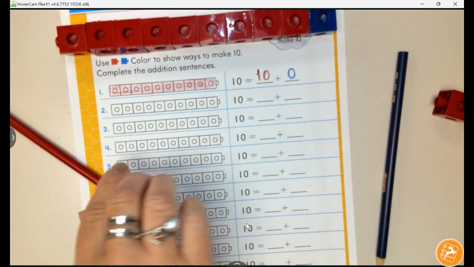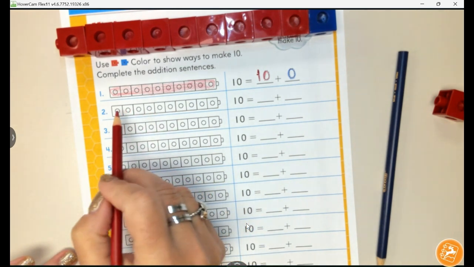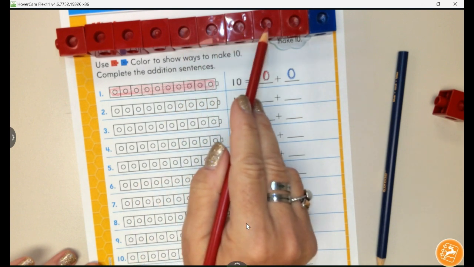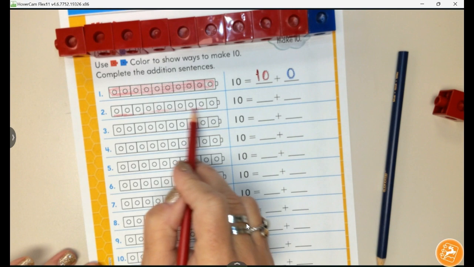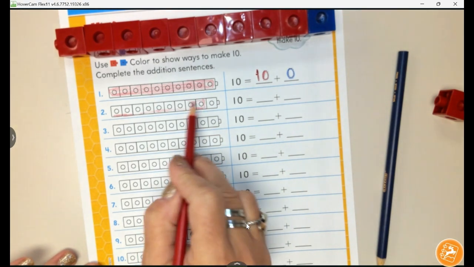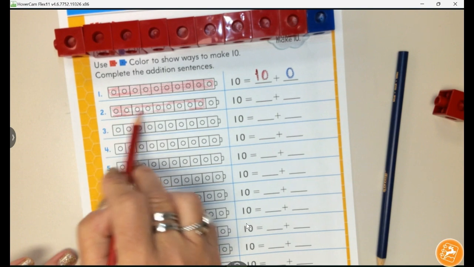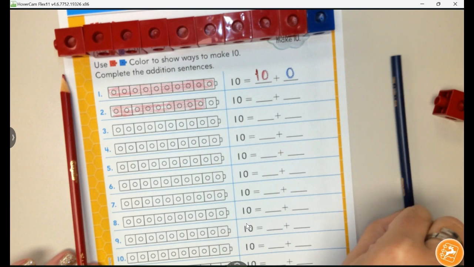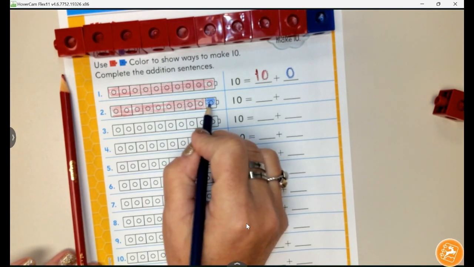So I'm going to start with my red again. I have my red 1, 2, 3, 4, 5, 6, 7, 8, 9 of the red ones. So all but the very last one is red. And then I'm going to add my 1 blue.